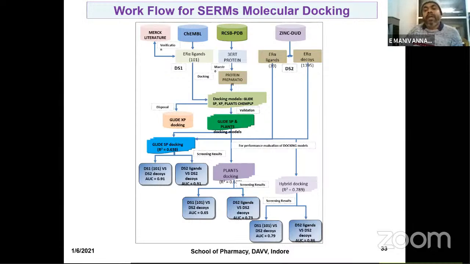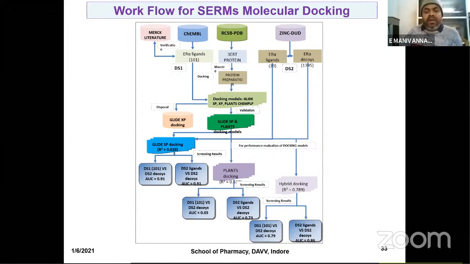We used only the standard precision scoring function and PLANTS software's ChemPLP scoring function. Both functions were used for screening the dataset 1 ligands and dataset 2 ligands. For Glide SP docking, an R squared value of 0.638 was observed for dataset 1 and dataset 2. For dataset 2, the ROC area under curve values are like 0.91 for Glide SP docking.